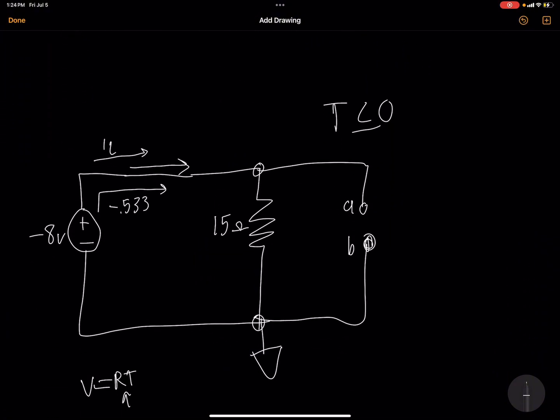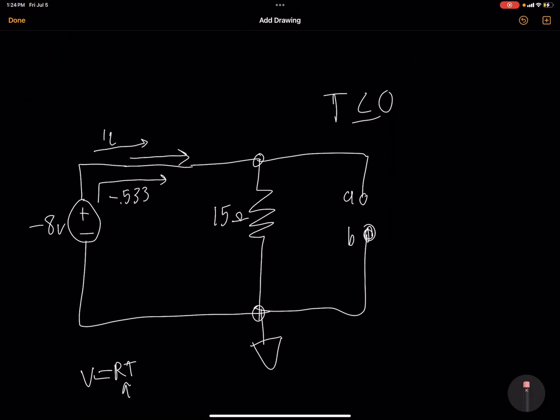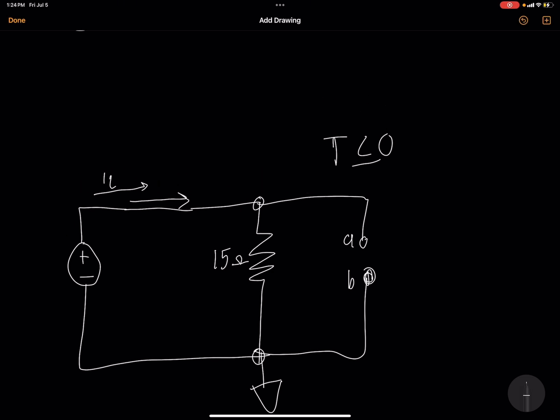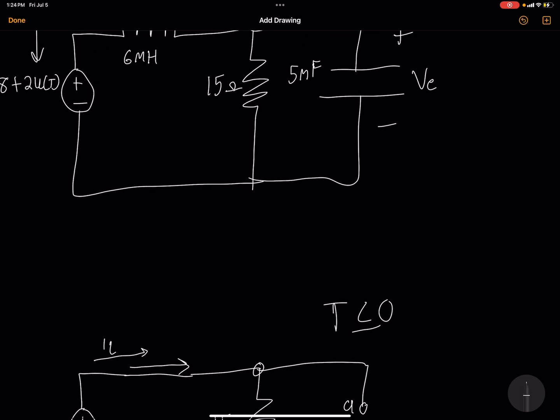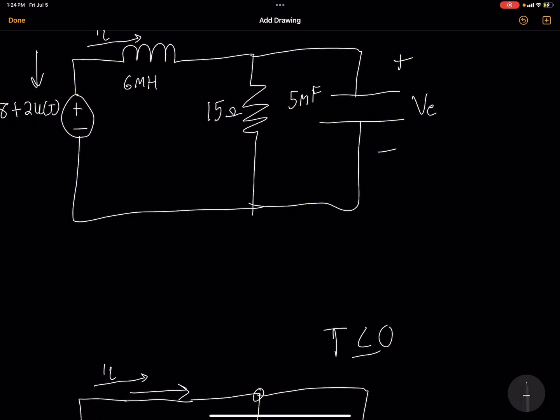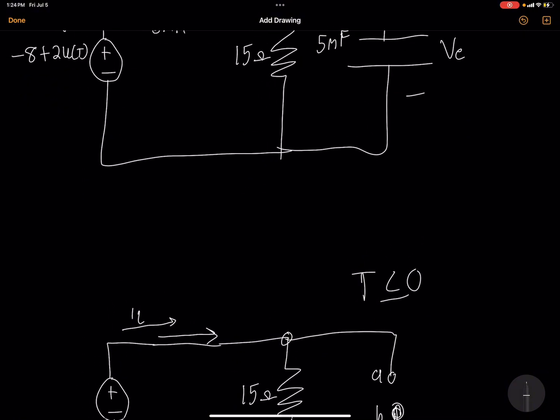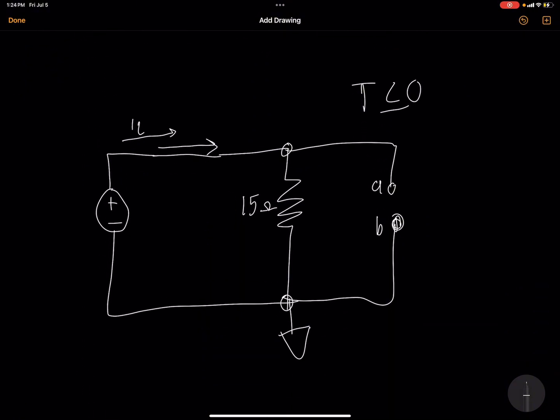So for t less than 0, I solved it earlier. For t less than 0, we know that U of t is going to be 0. So negative 8 plus 0 is negative 8 volts.